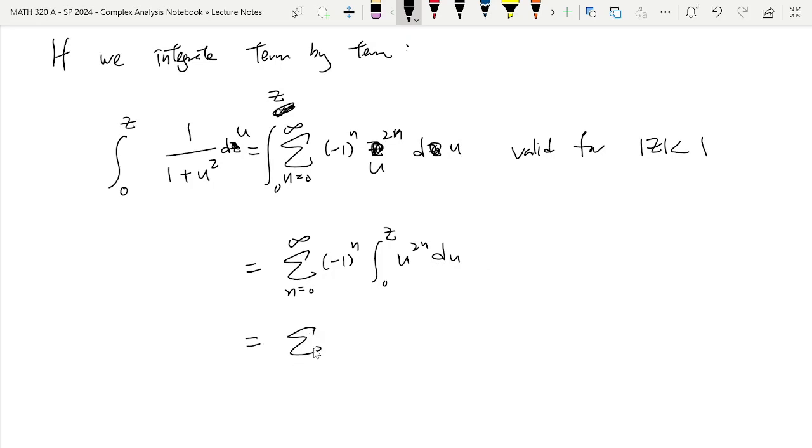So you get summation n equals 0 to infinity, and then you have negative 1 to power n, and the power after integration is 2n plus 1. So bring the 2n plus 1 down, and you get z to power 2n plus 1. The choice of the lower limit 0 is so that I don't have any left over. So I plug in z equals 0, and it doesn't add any term here. So that is the result of the term by term integration on the right hand side.